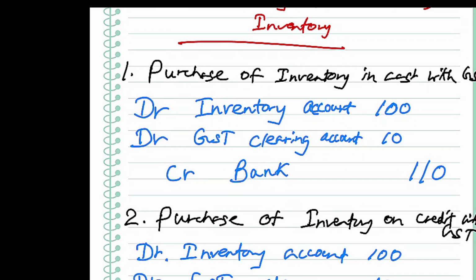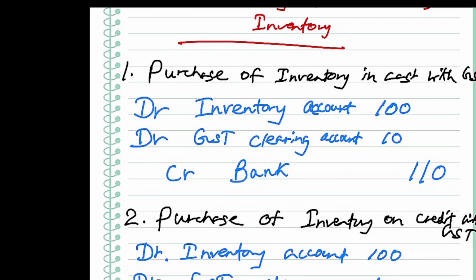Now see, in the first one, we directly paid cash to the supplier. But in the second one, we didn't pay cash yet, because we purchased on credit. But we are certain that we are going to pay the money to accounts payable along with GST, so we are recording it now.